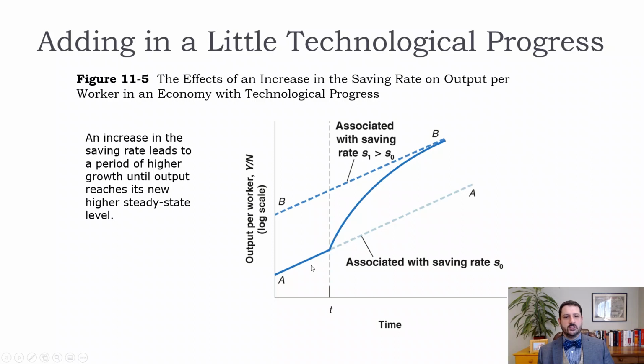And as we're going to see, this is kind of a preview of chapter 12. With technological progress, then we have sort of a steady state growth rate, growing at the rate of technological progress. And a higher savings rate then will actually increase the growth rate for a while until we get to our new sort of steady state of what we're going to call capital per effective worker or output per effective worker.